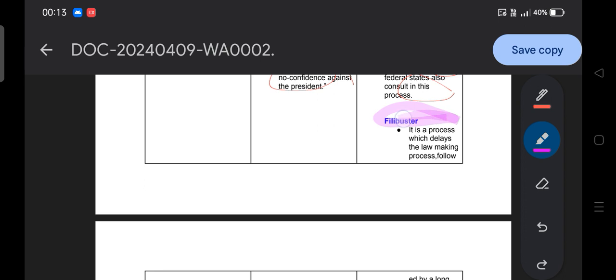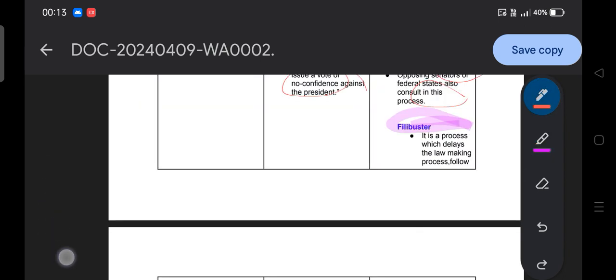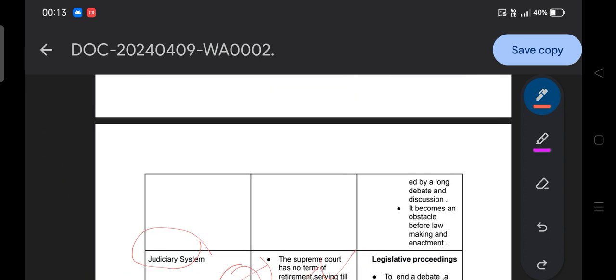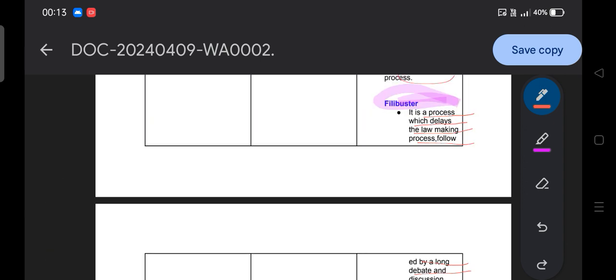Then moving to the next concept, filibuster. What is a filibuster? It is a process which delays the law-making process through a long debate and discussion. A filibuster makes a delay in a particular law or enactment because of long debate and discussion.